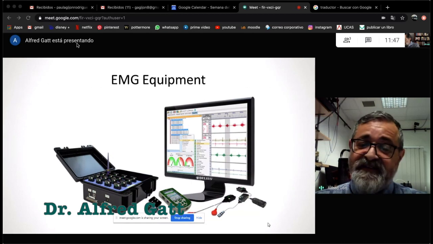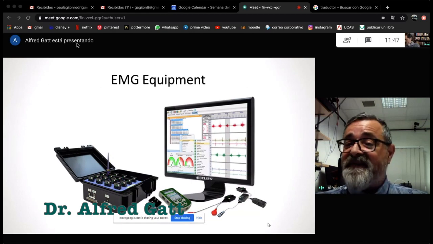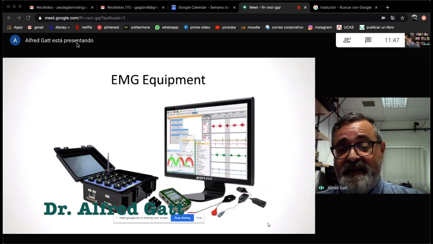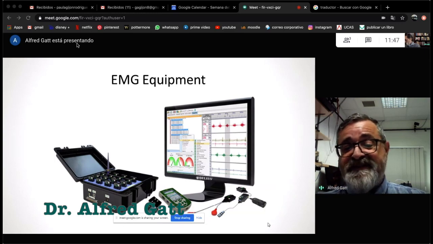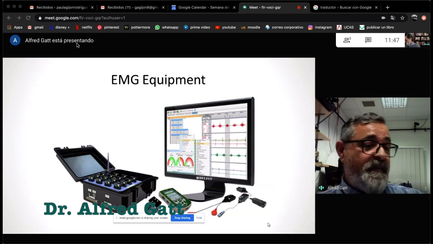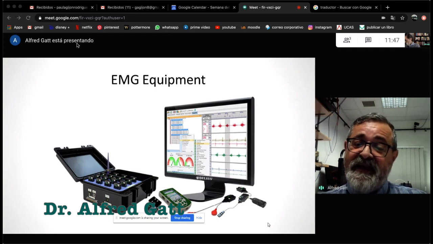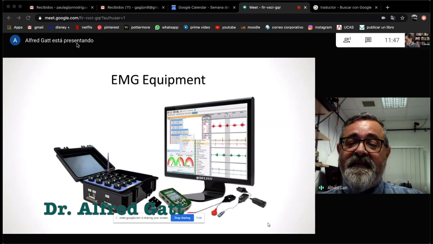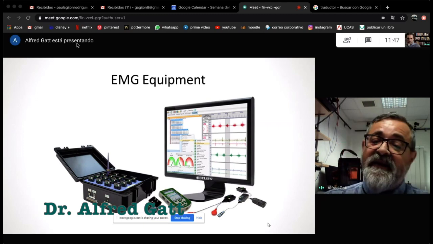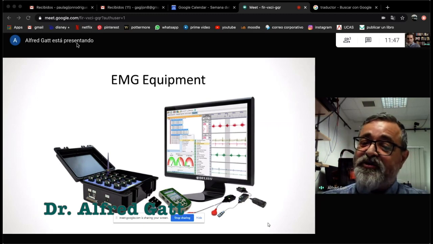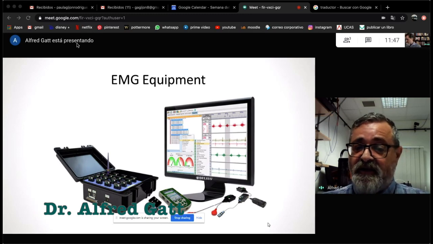There are various EMG equipment that can be used. In our lab, for example, we use a 16-channel system that allows us to have up to 16 sensors, which can be attached to the patient's feet or lower legs, or those muscles which are of interest to us.